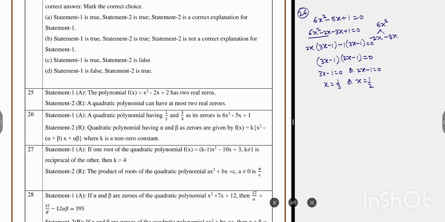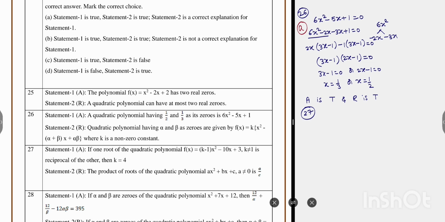If you substitute 1 by 2 as alpha and 1 by 3 as beta, we get the same polynomial. So the assertion is true, the reason is true, and the reason is the correct explanation of the assertion. So option A is correct. Question number 27.